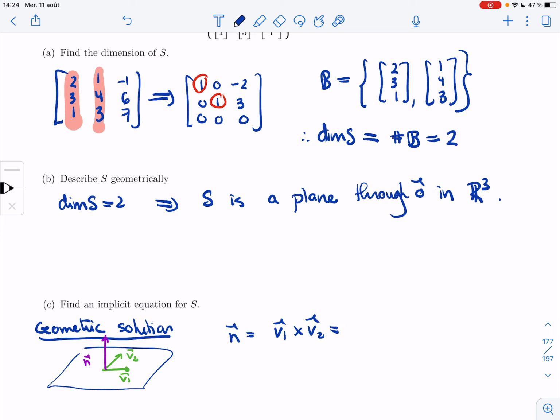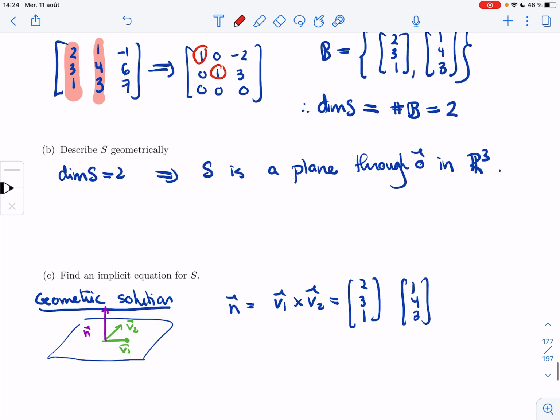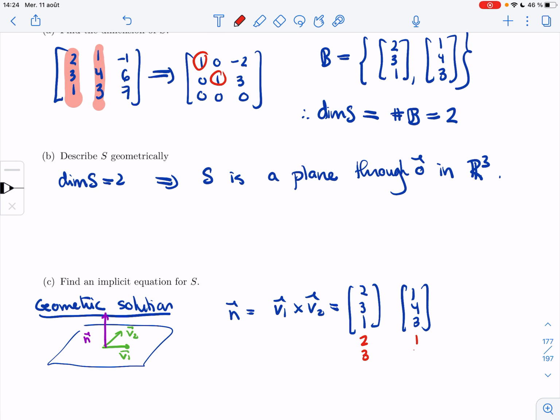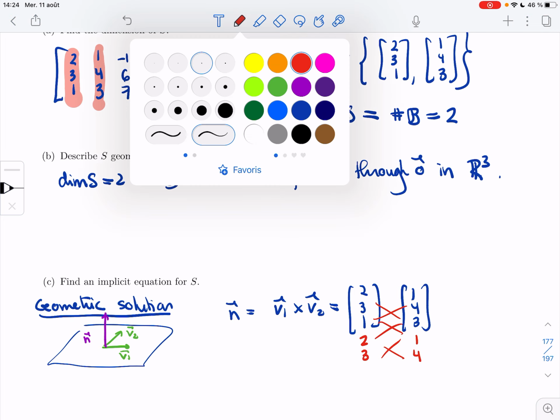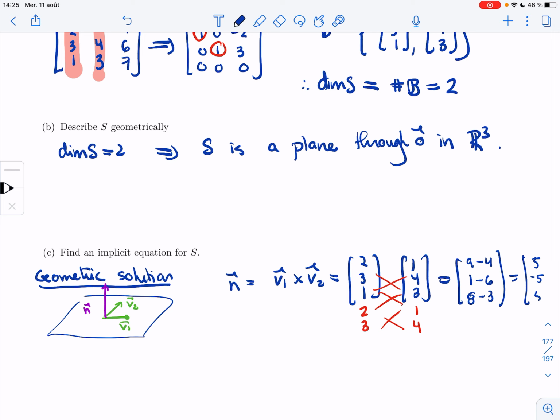That means (2, 3, 1) cross (1, 4, 3), and I get 9 minus 4, 1 minus 6, 8 minus 3. I get 5, minus 5, 5.